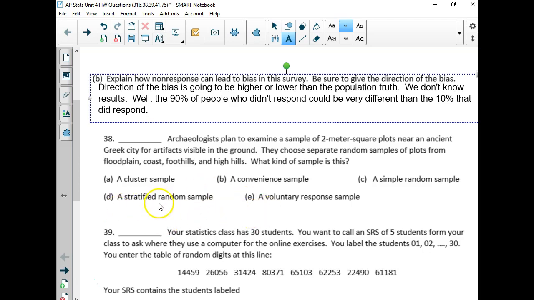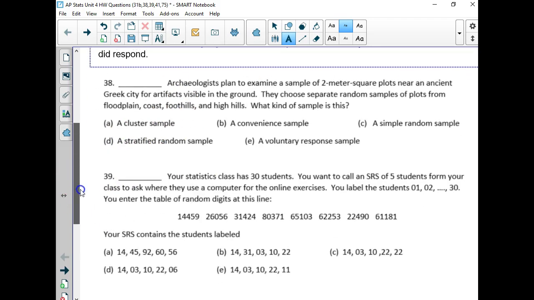So a stratified sample is for observational studies where we just examine things, and we have 2 or more hats. So our hats here are we're taking random samples from floodplains, coasts, foothills, and high hills. There's 4 different hats there, and that's why it's D, a stratified random sample.